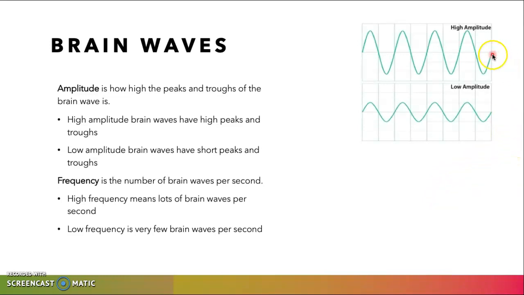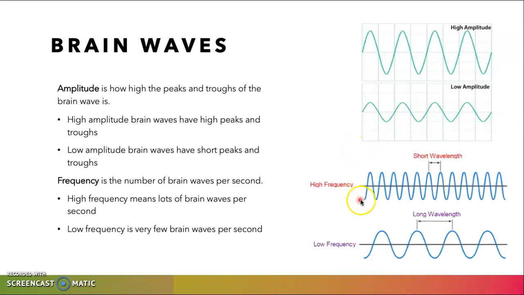So let's have a look at this picture here. High amplitude goes up really high, goes down really low. Low amplitude only goes up a little bit, down a little bit, up a little bit, down a little bit. Frequency. You see, these electroencephalograms are a measurement over time. So you might say that from here to here is 1 second.